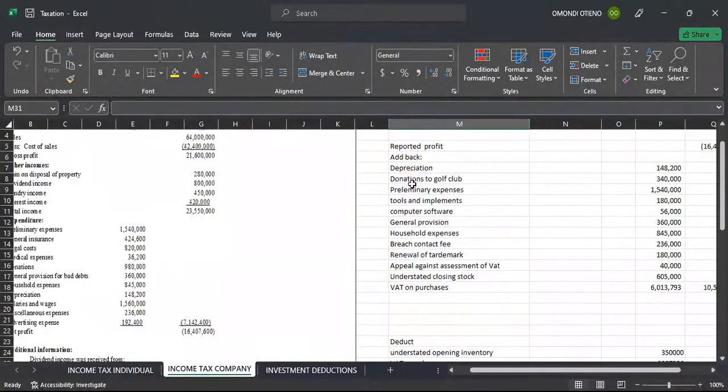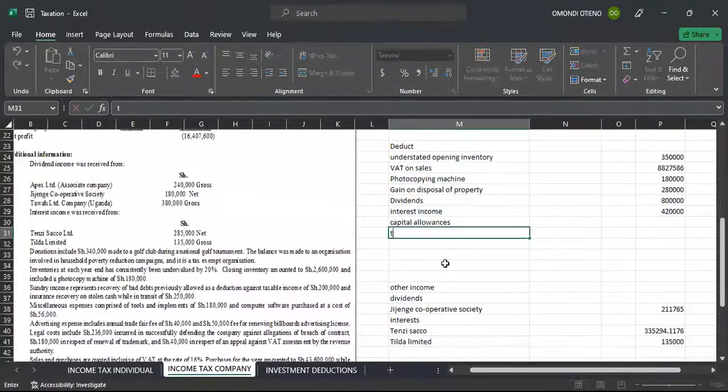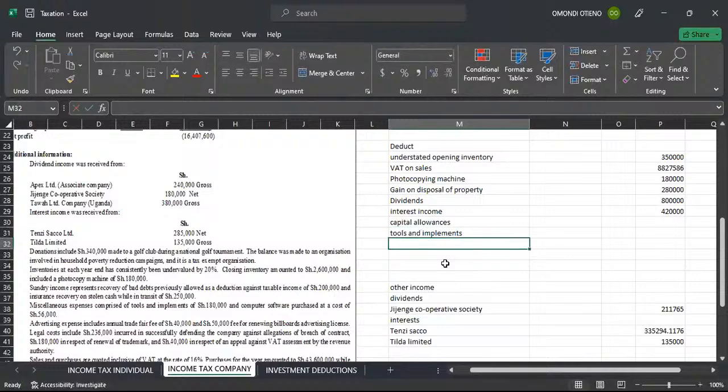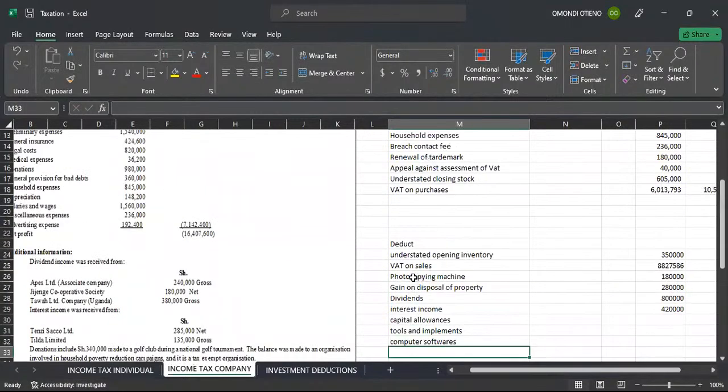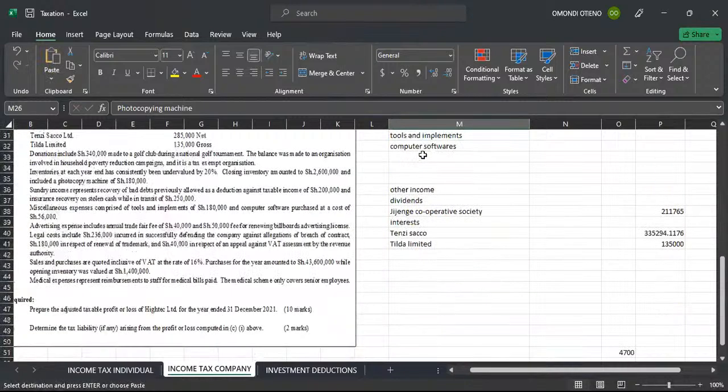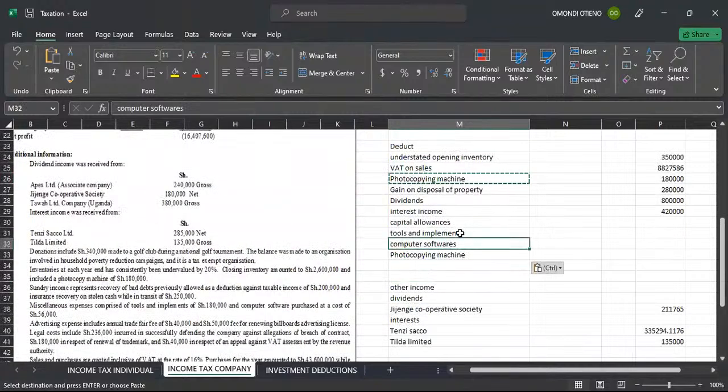How many assets did we have? We had tools and implements, and we add computer softwares. And then we also have what we deducted due to the way it affected our profit, that is the photocopying machine, which will also be brought to that particular area. Let's put them with their values, starting with the tools and implements.